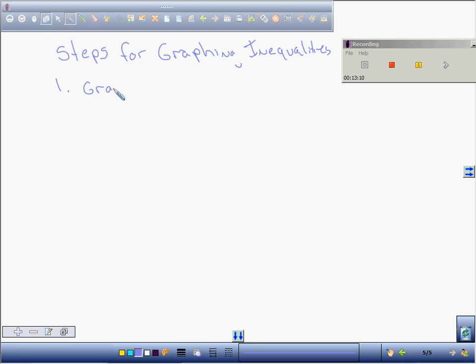Graph the line. First you just graph the line like it's an equality. Use y equals, or something like that. You want to just graph the line by itself without worrying about the inequality. Okay. 2. Write these down.